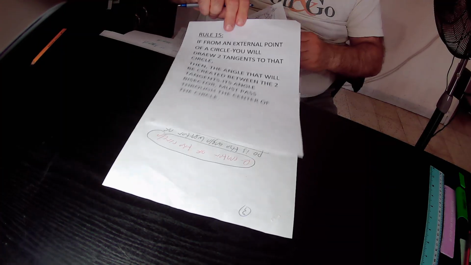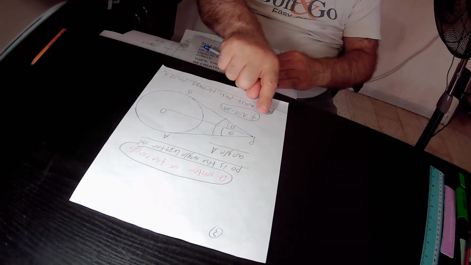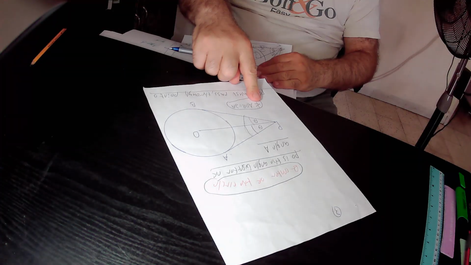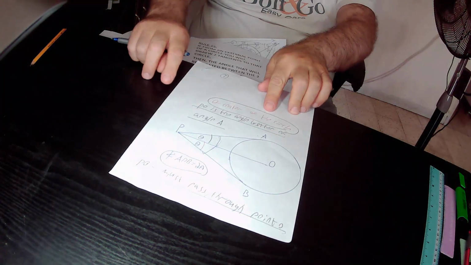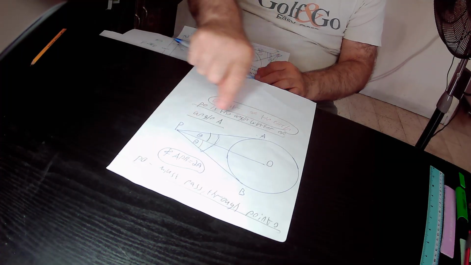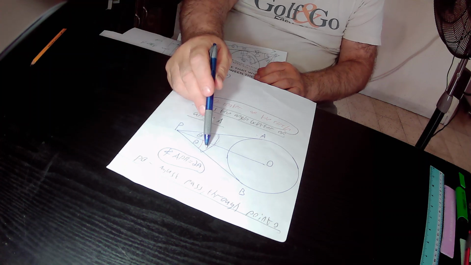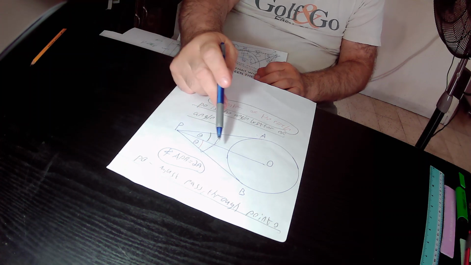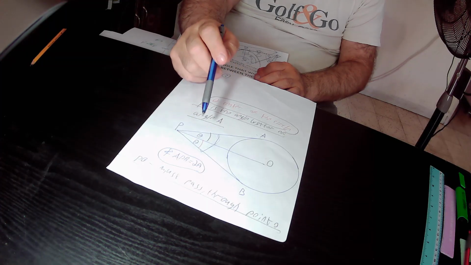So in the drawing we have the circle and this is the common external point, point P. From this common external point, point P, we have two tangents to this circle, tangent PA and tangent PB. This angle, angle APB, was created by drawing the two tangents PA and PB.